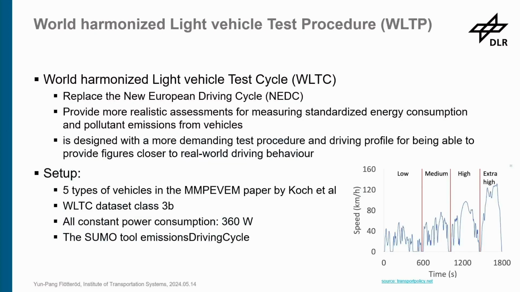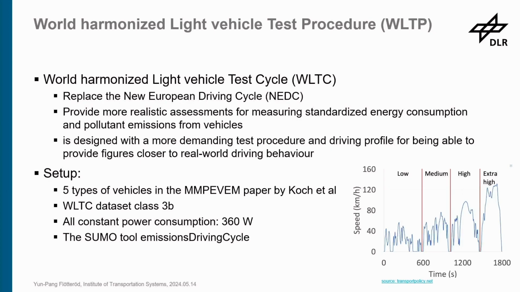After the model parameterization, we did the model comparison. Firstly, we used the test cycle of the World Harmonized Light Vehicle Test Procedure, that is WLTP, which has replaced the New European Driving Cycle since 2017.